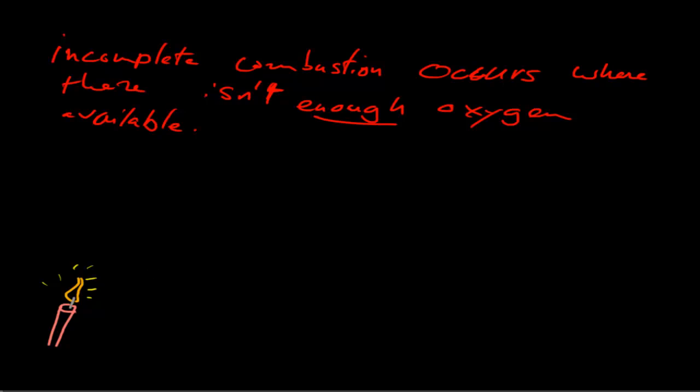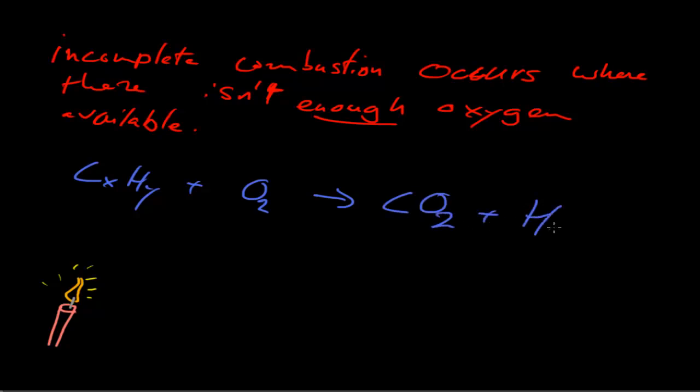On top of that, because it's incomplete, a combustion could have, here's my hydrocarbon, let's say, and I have oxygen, which is not enough, and I create, let's say, carbon dioxide and water, and it can also produce carbon monoxide and soot, also known as elemental carbon, in solid form.